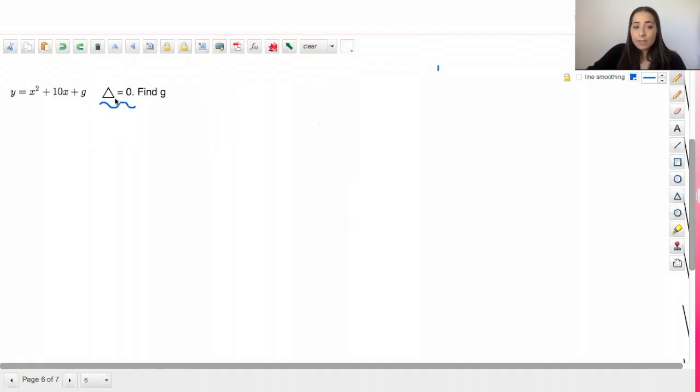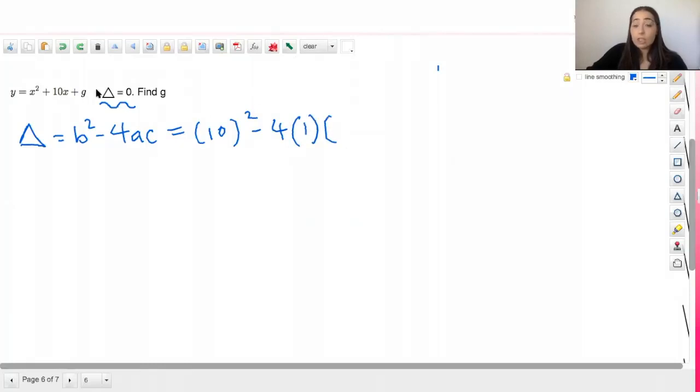So the first thing we need to do is find the discriminant. The discriminant is equal to b squared minus 4ac. b is the coefficient of x, which is 10, so it's 10 squared, minus 4 lots of a, which is 1, and c, which is g. Simplifying this, you get 100 minus 4g.